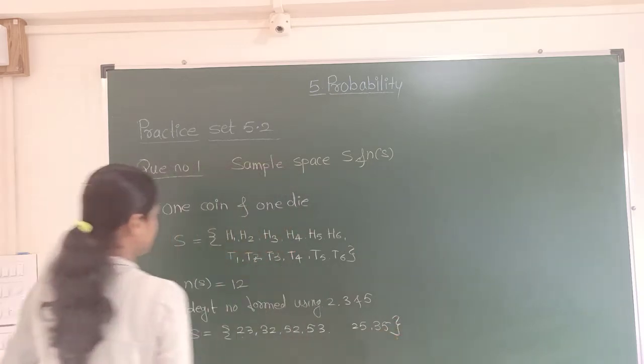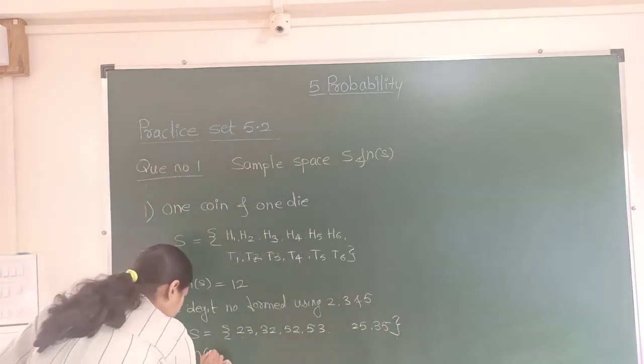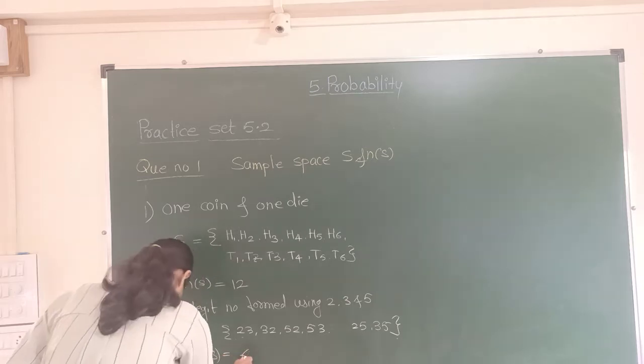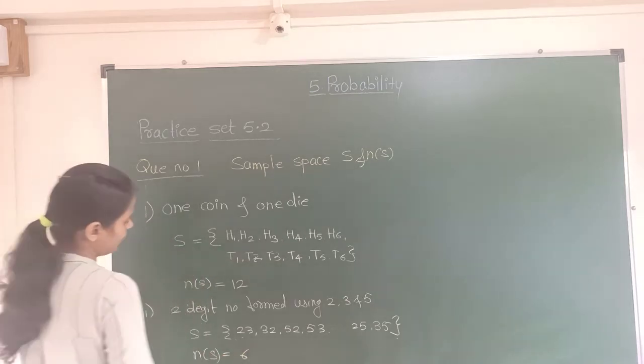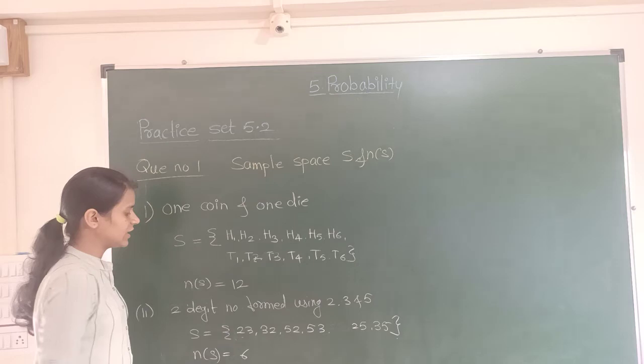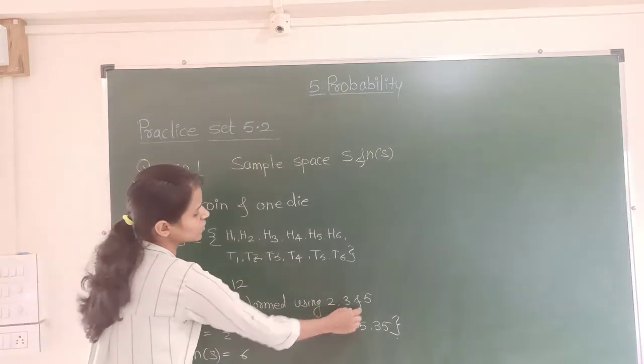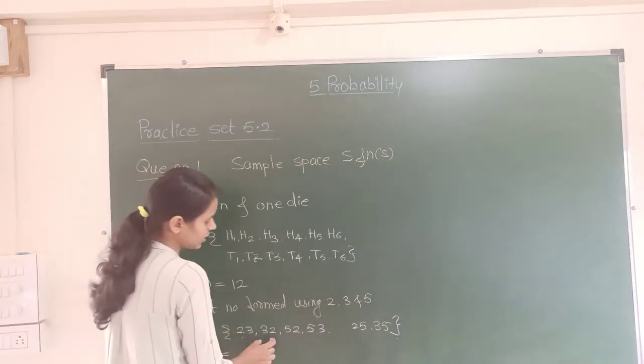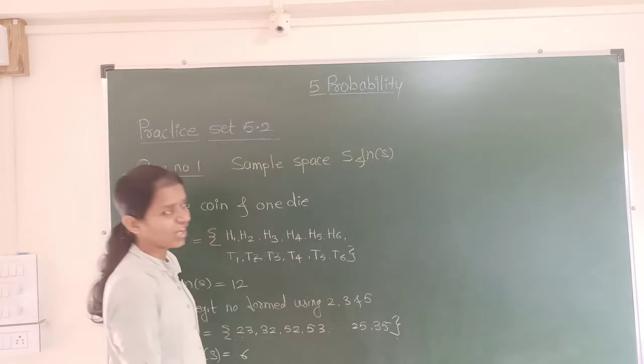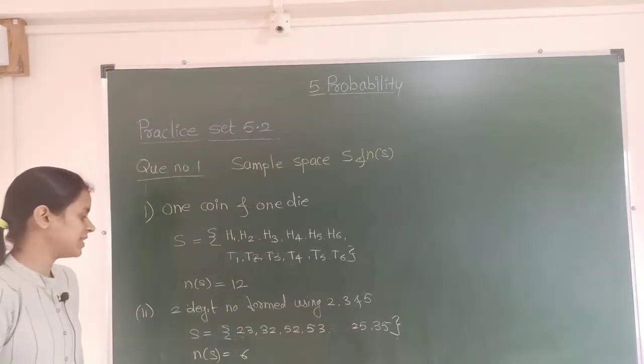Okay, these are the 6. So n(S) is equal to 6, which is the sample space for 2-digit numbers formed by using the digits 2, 3 and 5. These are 23, 32, 52, 53, 25 and 35. So n(S) is equal to 6.